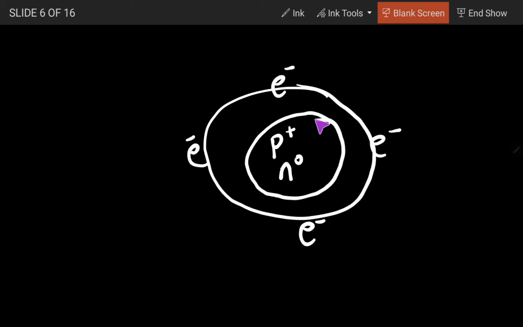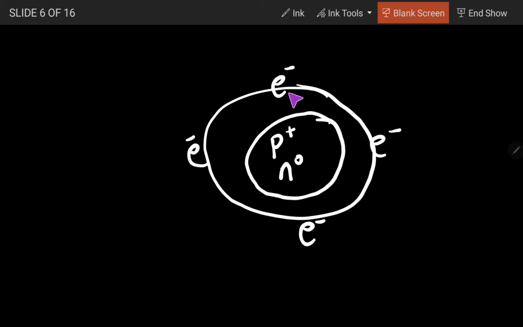So why does the nucleus have the positive charge? Because it has the protons, which are positive. So every object on Earth has electrons, protons, and neutrons.